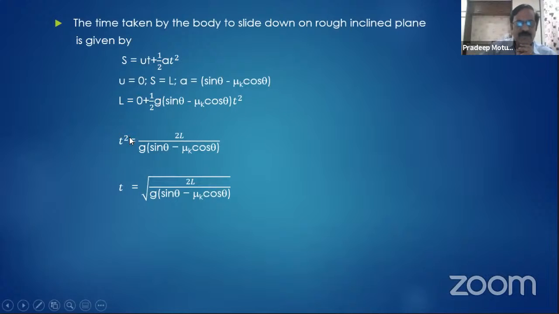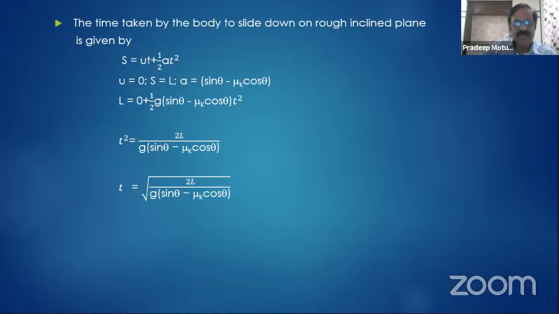Therefore, t square is equal to, by cross multiplying, 2L by g into sin theta minus mu k cos theta. So t is equal to the square root of 2L by g into sin theta minus mu k cos theta.